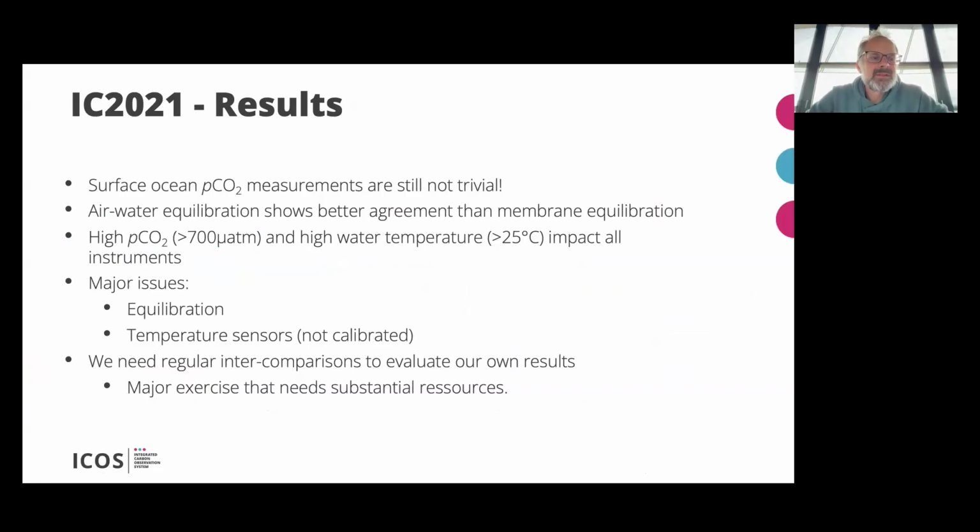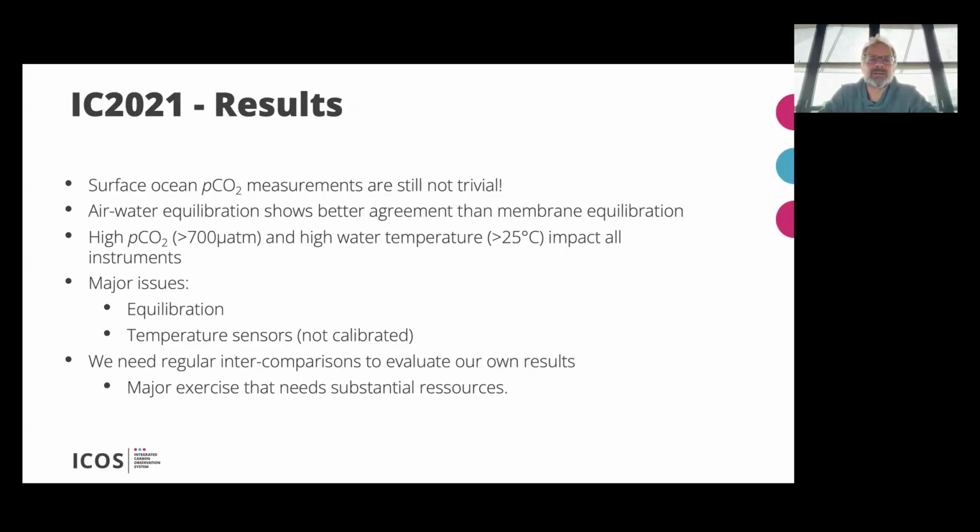Some more take-home messages. Surface ocean pCO2 measurements are still not trivial. Even if the instruments might sometimes look trivial, understanding the output of the instrument is very important. Air-water equilibration shows better agreement than membrane equilibration systems, but all instruments, no matter which type of equilibration, start being a little bit off at high pCO2 and high temperatures.